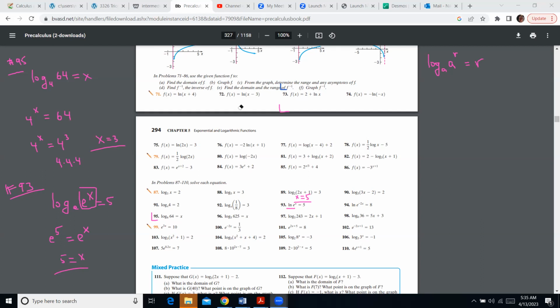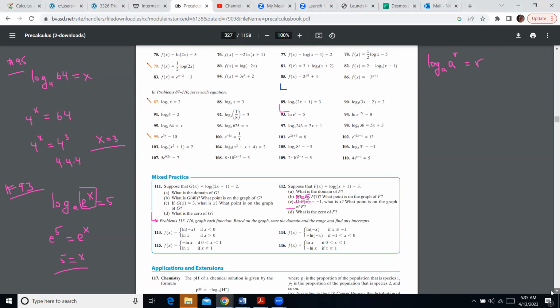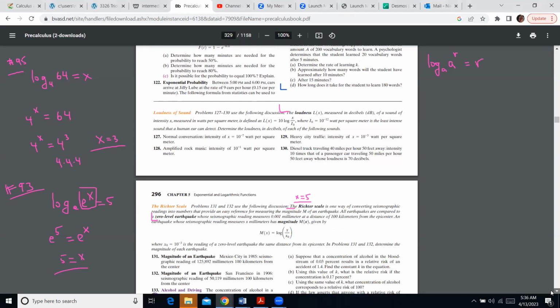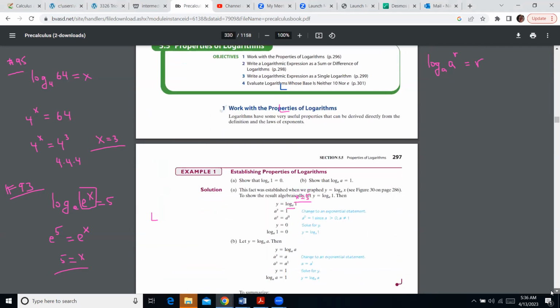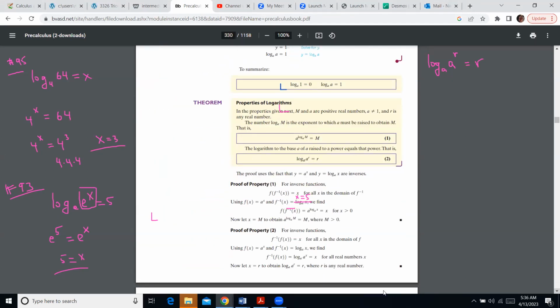And now I want to move to the next section that actually talks about the properties of logarithms that I just mentioned here in the upper right corner. They actually have this right here, property number 2. How about that? So if bases are the same, the powers disappear.